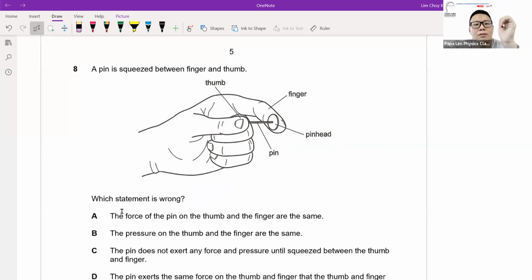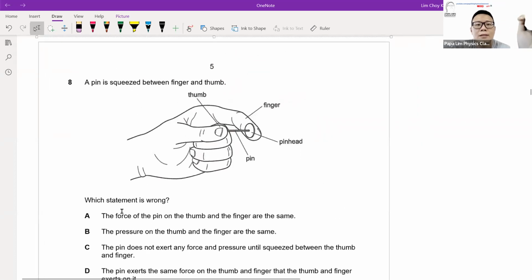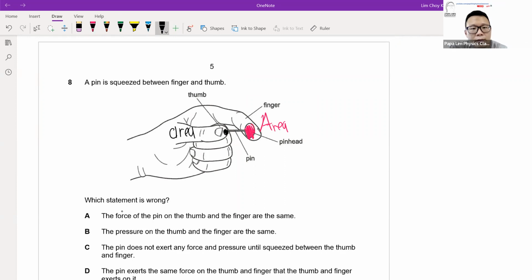Now, when I squeeze the pin between the thumb and the finger, the common thing you take note of is the area. The area at the finger is much larger than the area at the thumb, because the pin is a sharp pointed edge.